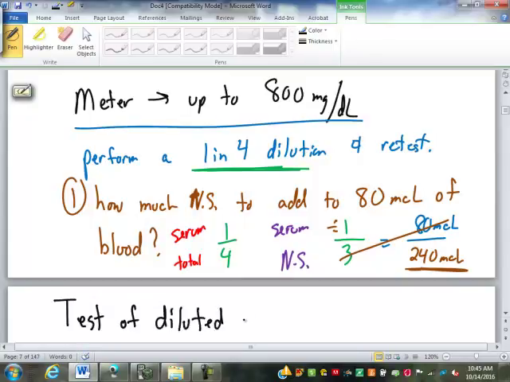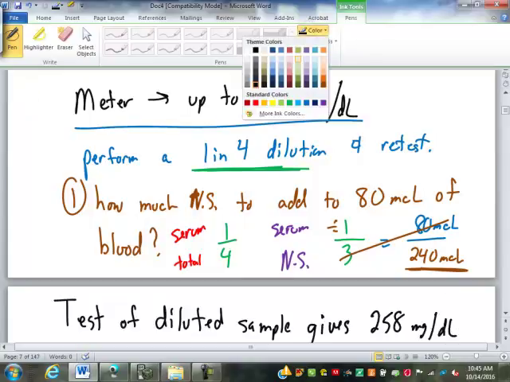Now let's say the test of our diluted sample gives 258 milligrams per deciliter as the reading.